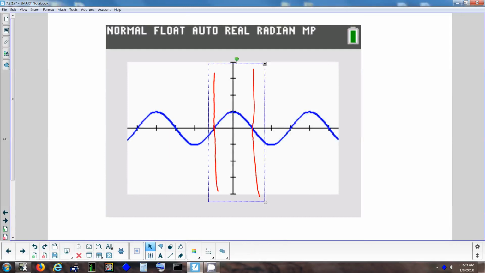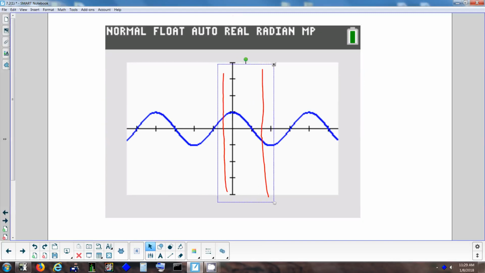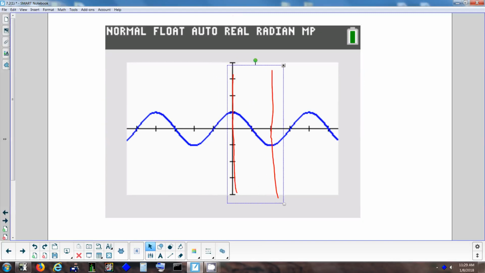But what we can do is slide that over a little bit. How about there? If you draw a horizontal line between those red marks now, would it ever hit the blue graph more than once? No, no matter where you put it. Focus between the red lines. It's never hitting the blue part more than once.